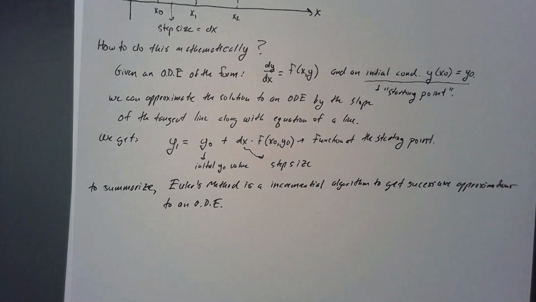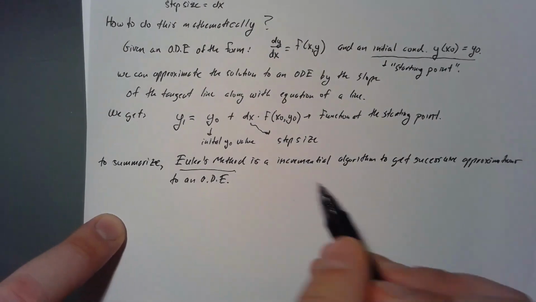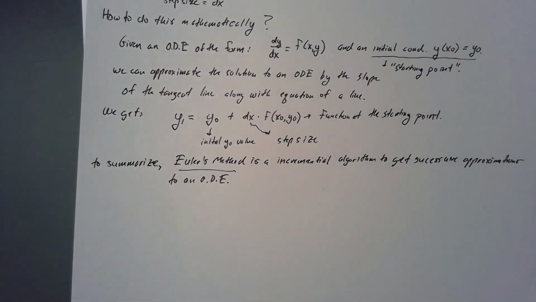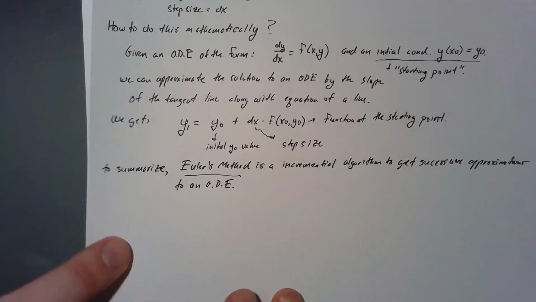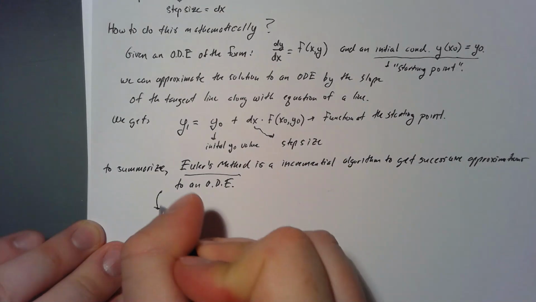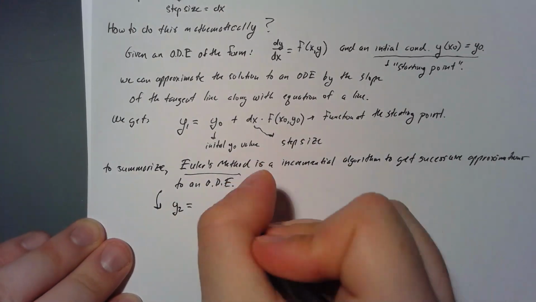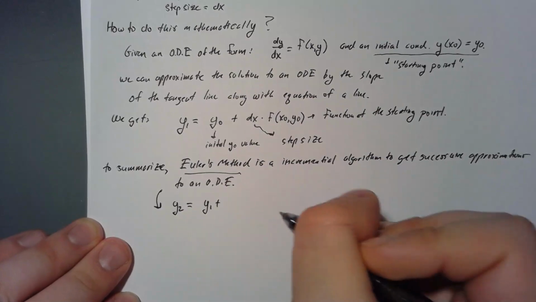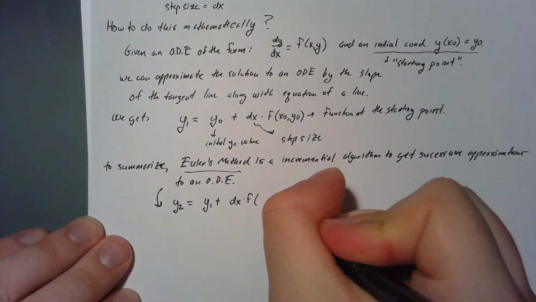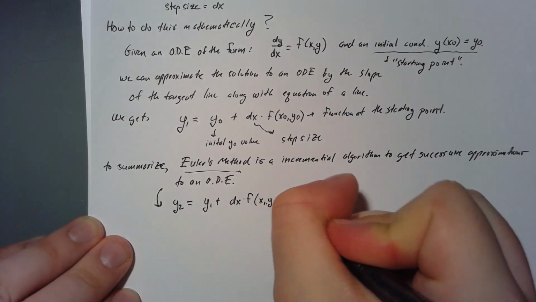So, let's make this look a little bit more presentable. So if I want to approximate a solution to an ODE, if this is y sub 1, then y sub 2 will equal, like I said a moment ago, y sub 1 plus dx times f at x sub 1 comma y sub 1.